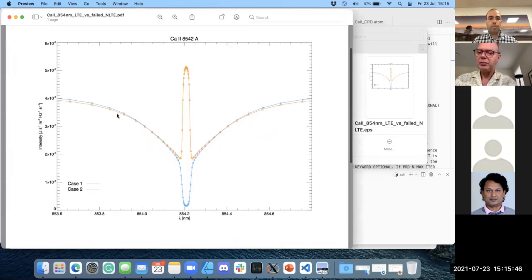Okay, so now we have the blue one that looks more like a traditional calcium profile. But if you are used to analyzing calcium data, you will see that this profile looks like the line core is a bit deep.